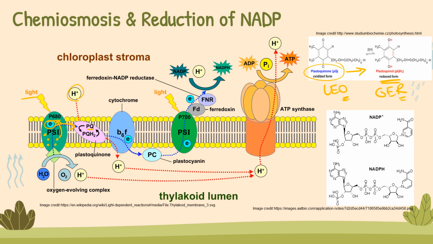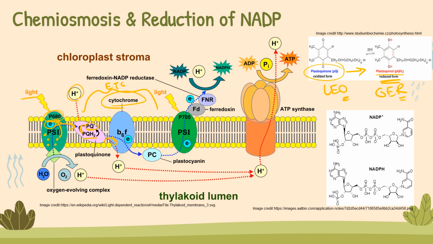So the reduced form is PQH2, or plastoquinol. So this PQ, plastoquinone, gains some electrons. It becomes plastoquinol. It's going to pass those high energy electrons that it got from P680 over to this cytochrome complex. These are all parts of the electron transport chain embedded in the thylakoid membranes of the chloroplast.